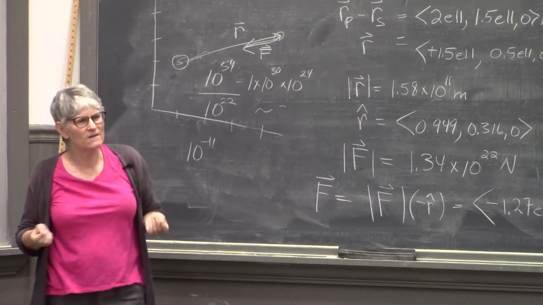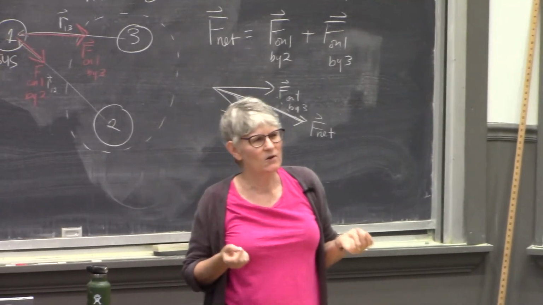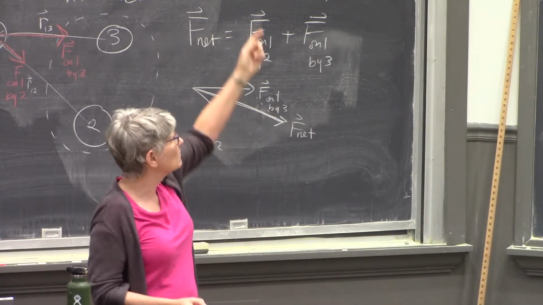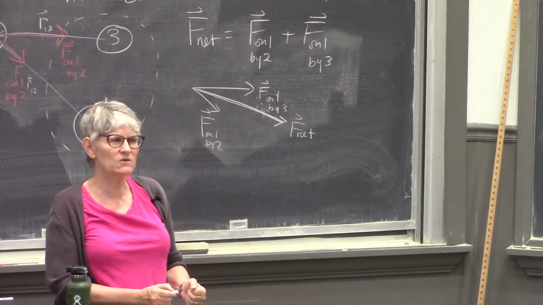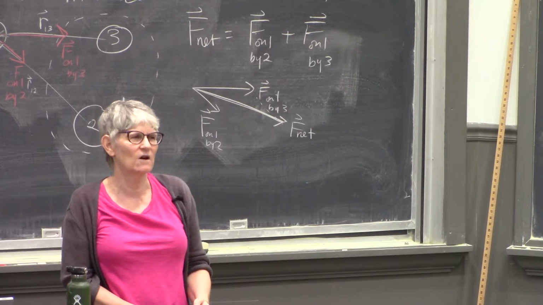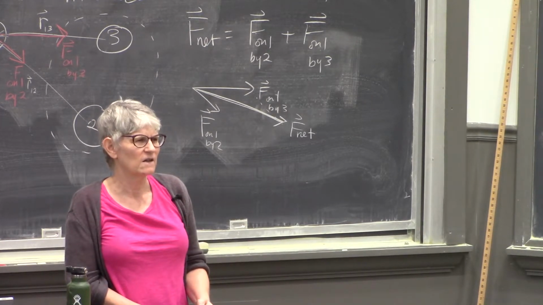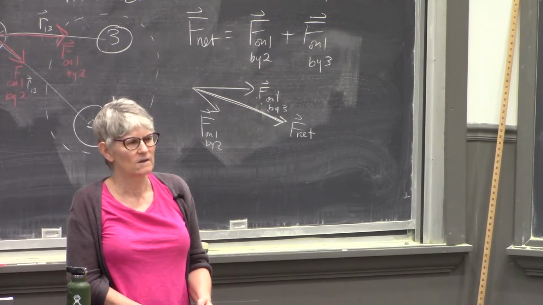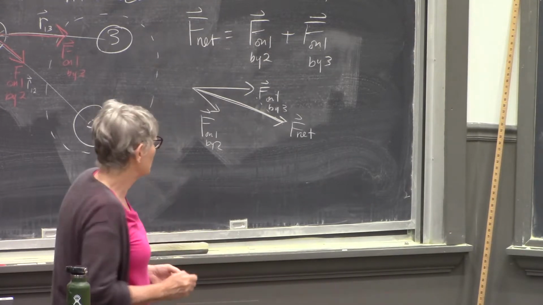But that says that the force by the star is a lot bigger than the planet. But the planet exerts the same force on the star as the star exerts on the planet, even though the planet's smaller. So how does it do that?